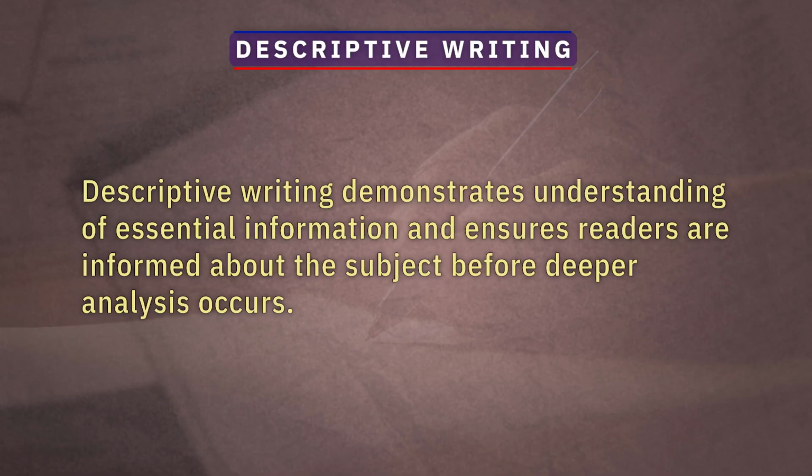But that is not to say that descriptive writing must be completely dismissed, because it is the foundation of any kind of academic communication. What it demonstrates is an understanding of essential information, and it ensures that the readers are informed about the subject. Before engaging in a deeper analysis, it is important to establish background.